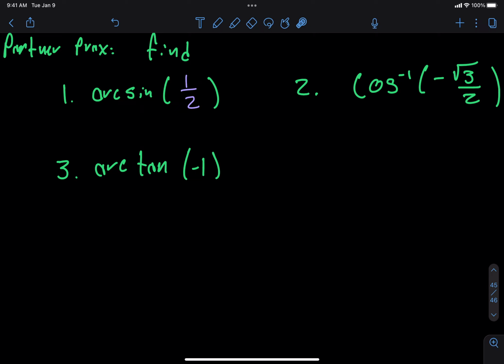But of course, we want to give our answer in terms of radians. So what would it be? How do I convert? 30 degrees.